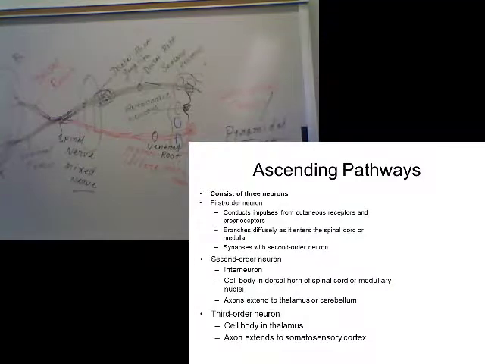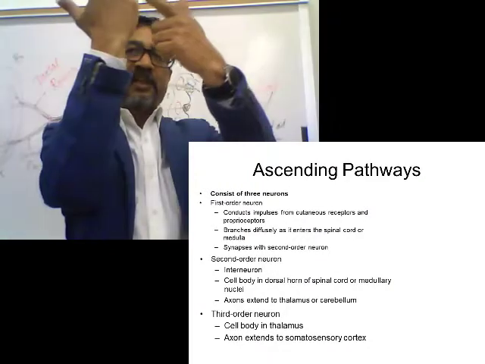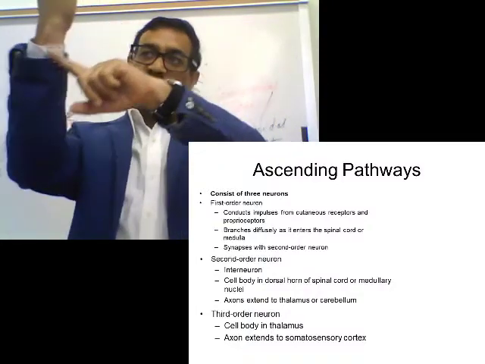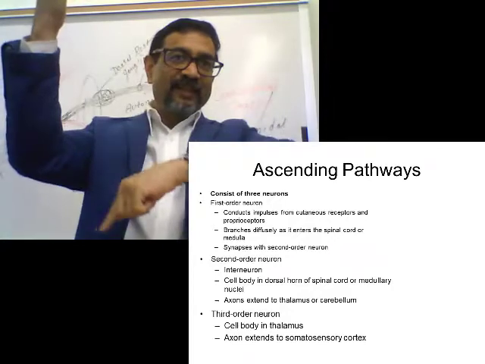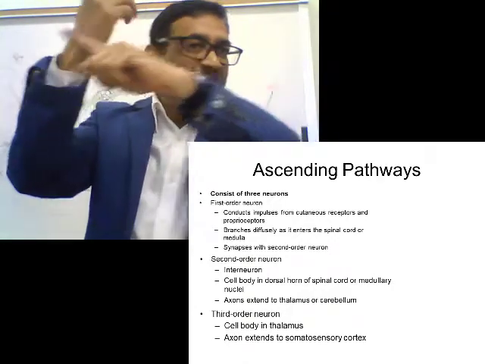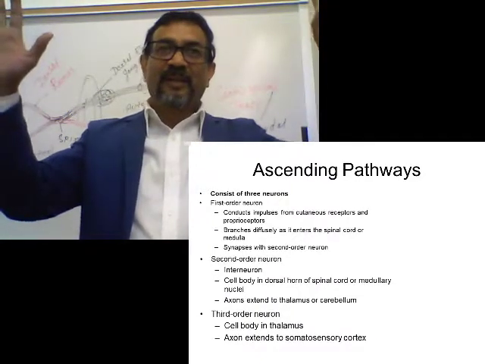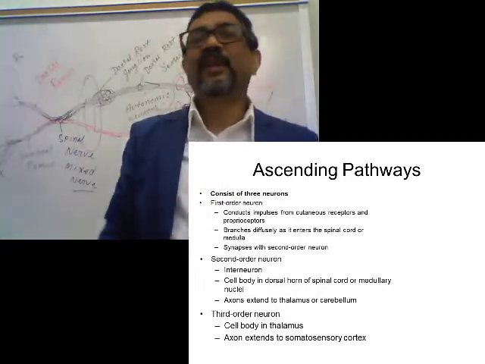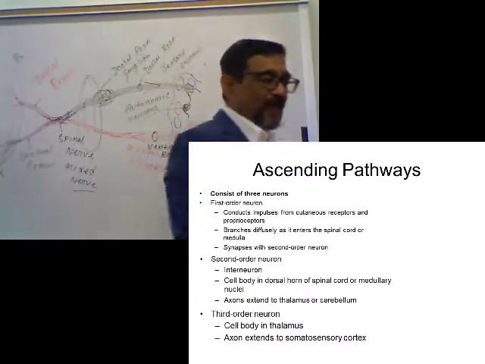So along the sensory pathway, for example, if I touch your skin, that sensory signal goes to the spinal cord, then to the brain. So it's a long way, right? One neuron cannot take the signal that far. Is it clear? It can't be that long. So that's why you need relay stations.